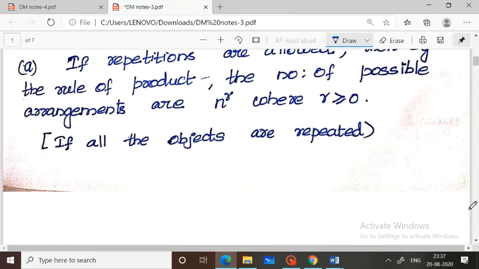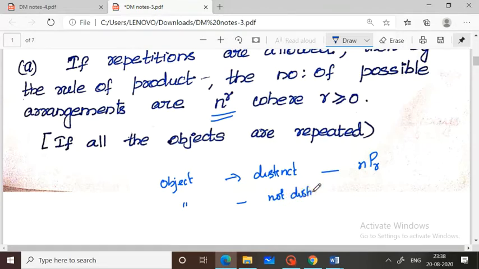So remember that if the objects are distinct, then the formula is nPr, and if the objects are not distinct, then the formula is n raised to r, where r is always greater than or equal to 0.